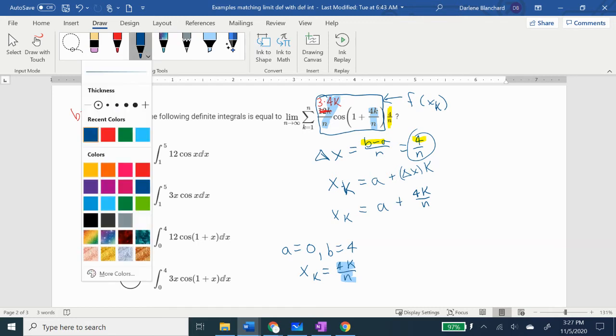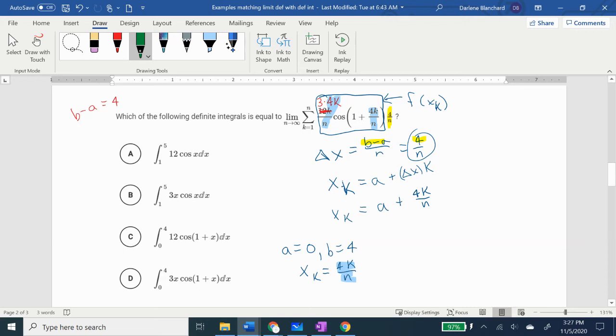And I just realized I probably should have used a different color right here. So if I take what is highlighted in blue right here and replace it with a big giant X, and I replace what's blue right here with a big giant X, then the function that I see is 3 times X. That's starting to get to be too much.